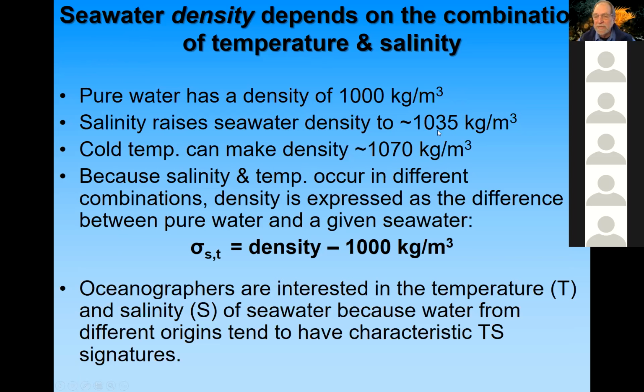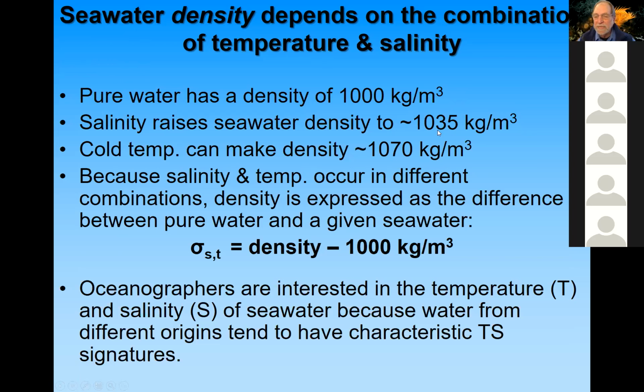So any particular body of water will have a density determined by its salinity and temperature. But two bodies of water could have different temperatures and different salinities, but the same density. Okay, so let's take an example.